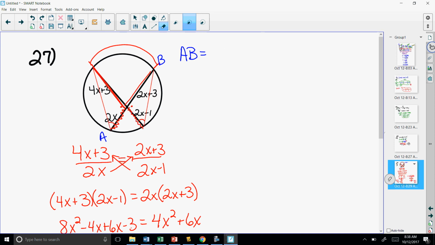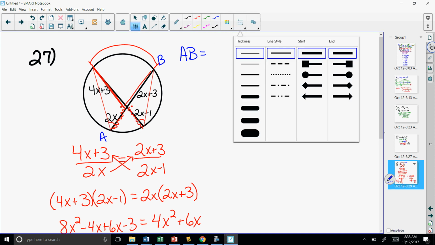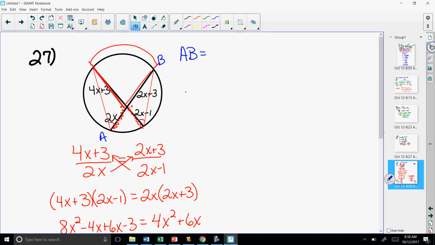Okay, chord AB would be the length of 2x plus 2x plus 3. So it has a value of 4x plus 3, but what was x?